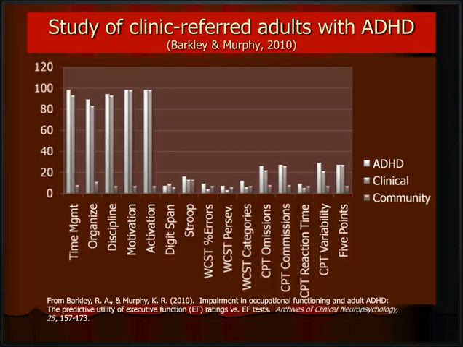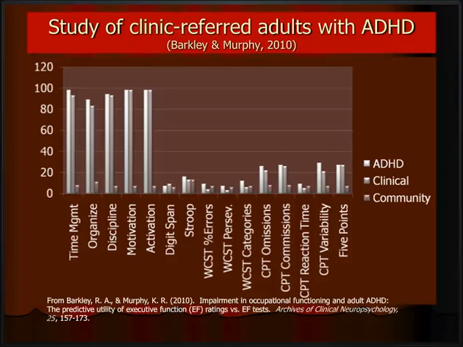Now, look across here. On the left-hand side of the diagram, you see the scales from my rating scale of executive functioning known as the DEFs, for Deficits in Executive Functioning Scale. And then over here, you see an executive function test battery. And look at the dramatic difference in the results of the 2 methods.